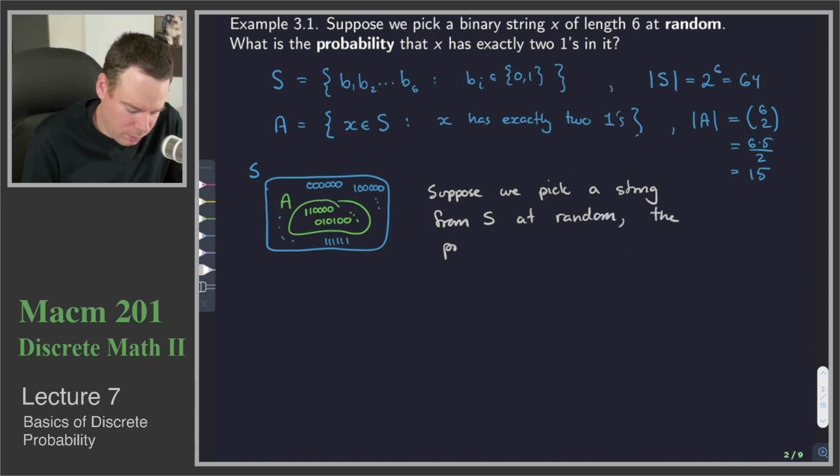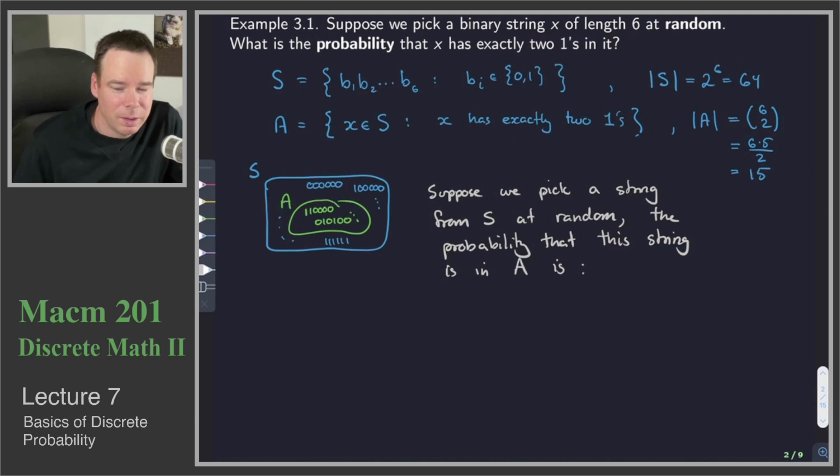The probability that this string is in A is what? Well, it would be basically how big A is compared to S. And so the ratio of those two gives us that probability.